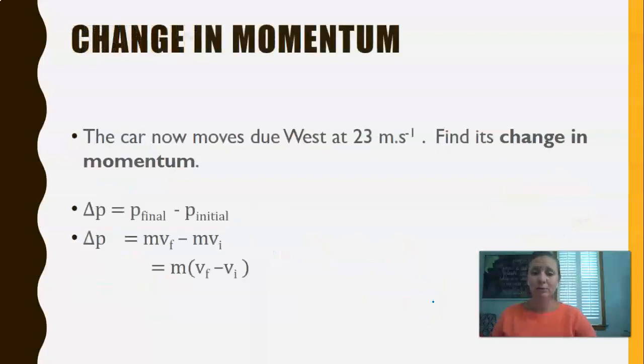So sometimes we can also find the change in momentum, meaning that what it was starting at could have changed. Maybe it had a positive momentum or a negative momentum, meaning maybe it's sped up or it's slowed down. So using that same example from before, they're saying now the car is moving due west at 23 meters per second.